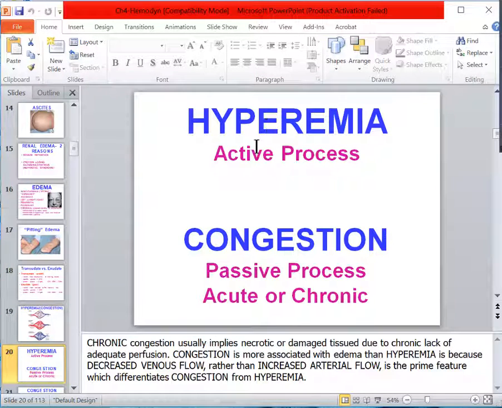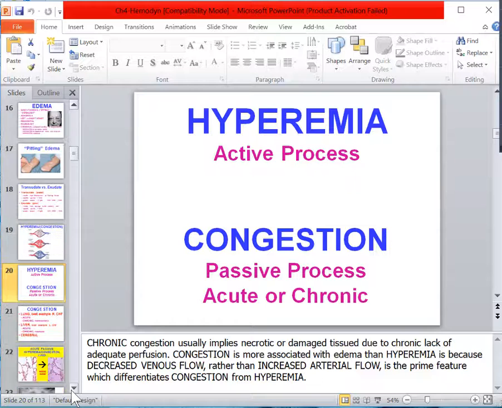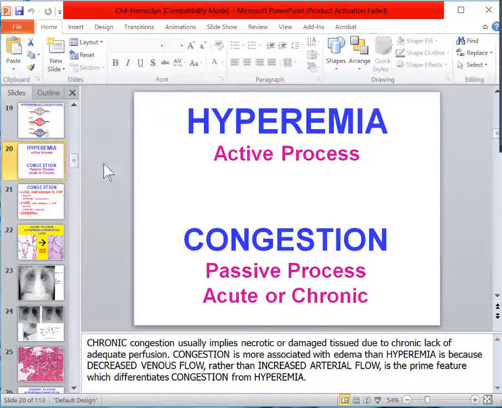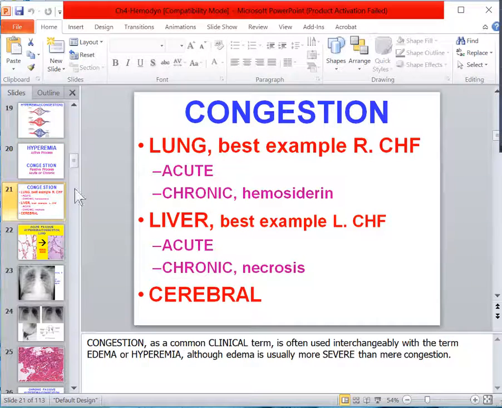Hyperemia, an active process. Congestion is a passive process. And why am I doing that? Because I'll tell you why in a minute. So, would you want to call it hyperemia or congestion? Well, technically it's congestion, but a lot of people call it hyperemia.